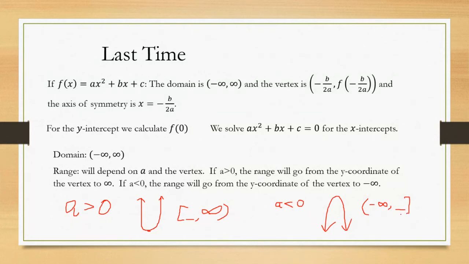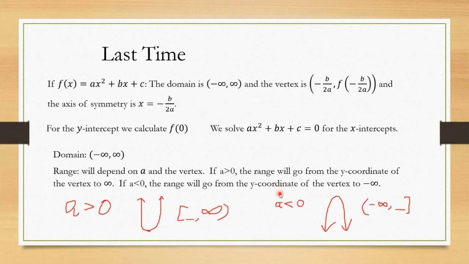That's what the range will look like. It's got to be one or the other. But even without graphing it, we can figure out the range. Generally, though, it's not easy to get the range without a graph.